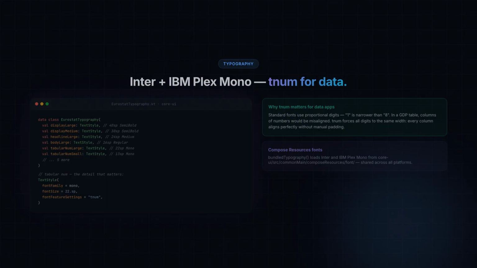Open EurostatTypography. 11 named styles. Display large at 40 SP bold, negative letter spacing for headlines. Body large at 16 SP. Table large at 22 IBM Plex Mono with the tnum font feature setting. The tnum feature is the one most developers forget.